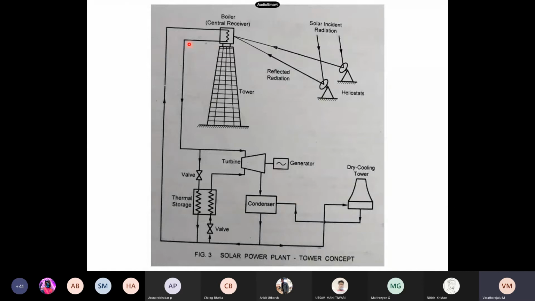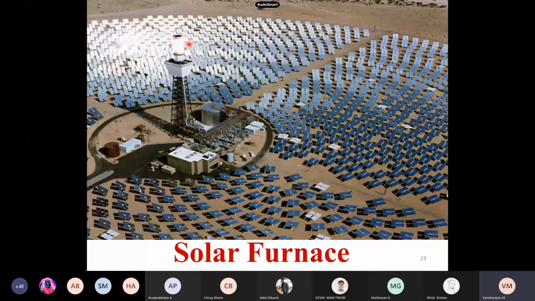It was a prototype, a pilot study, and the system has its own merits and demerits. We will discuss that once the working principle is over.